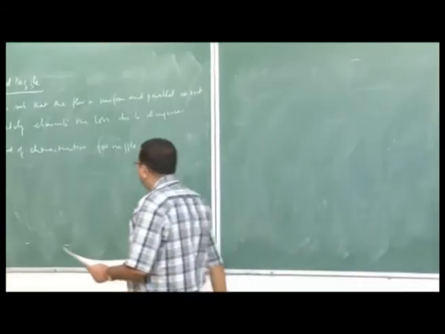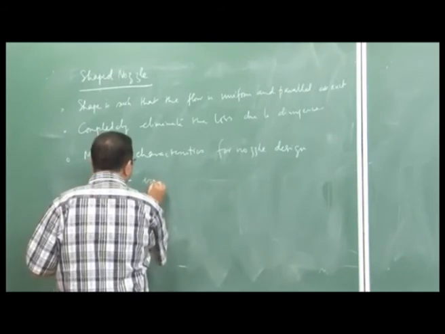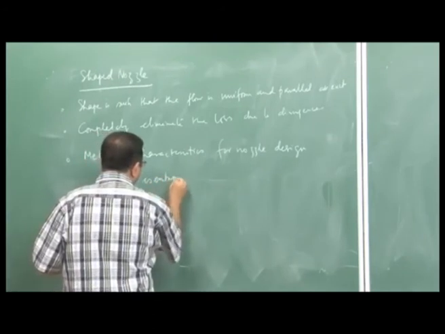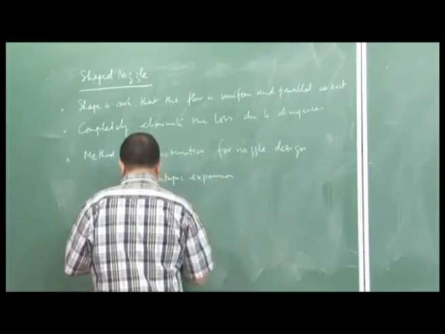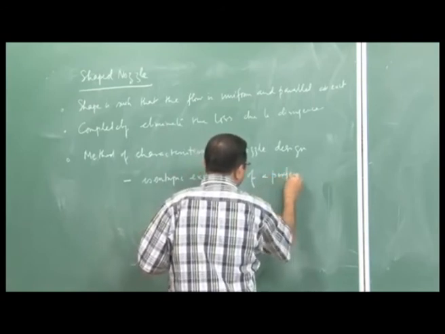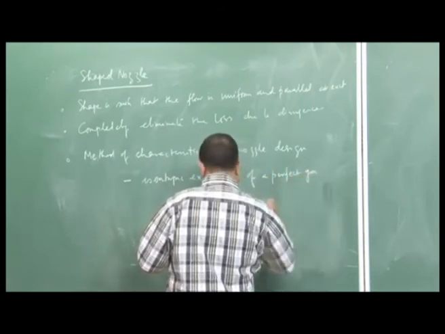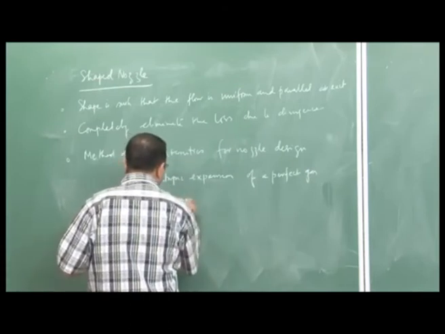So, what are the assumptions involved in method of characteristics? First of all, it is isentropic expansion of a perfect gas with constant gamma.